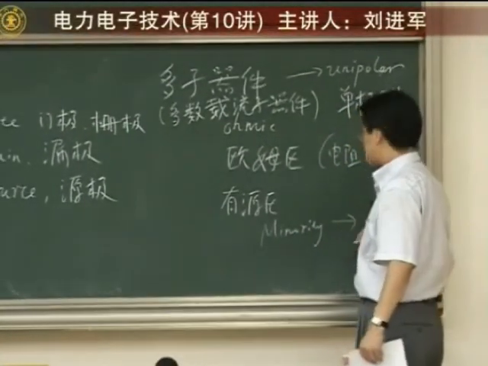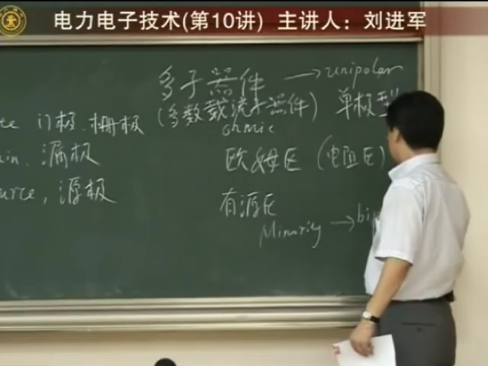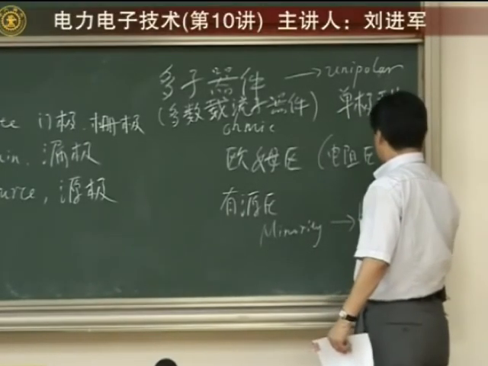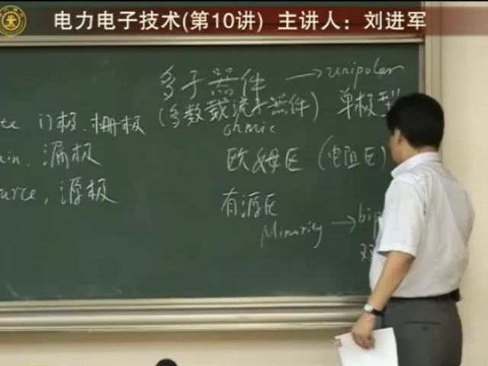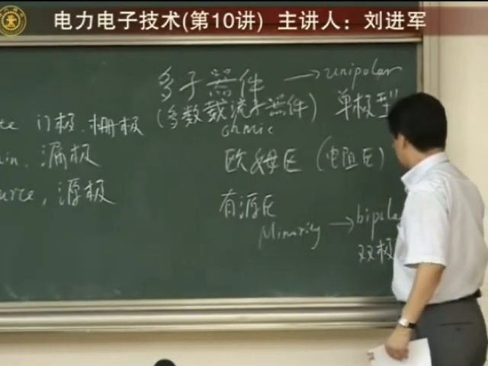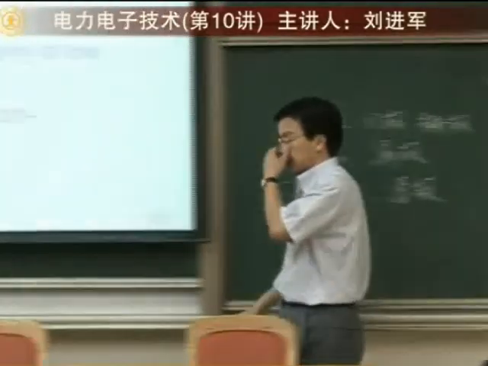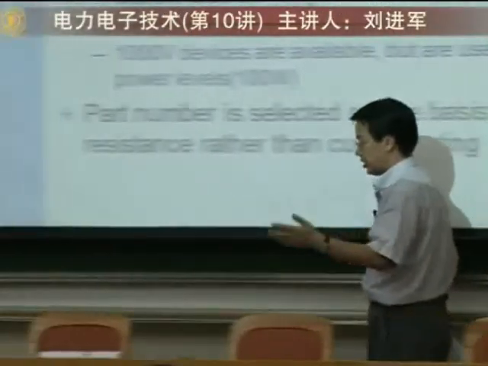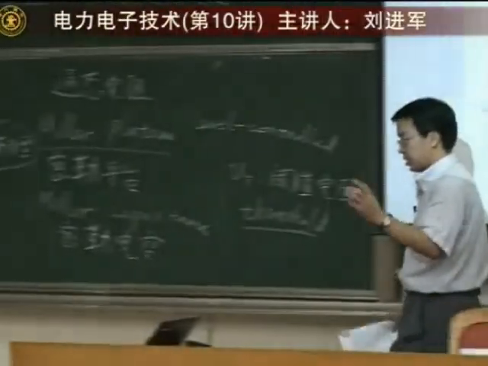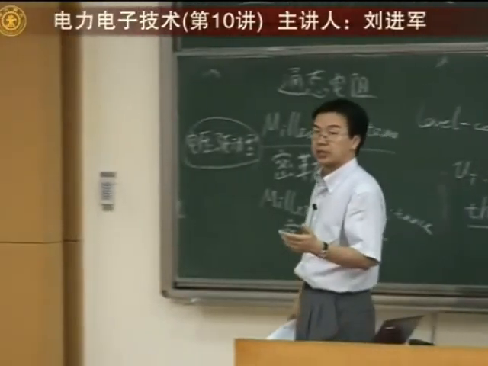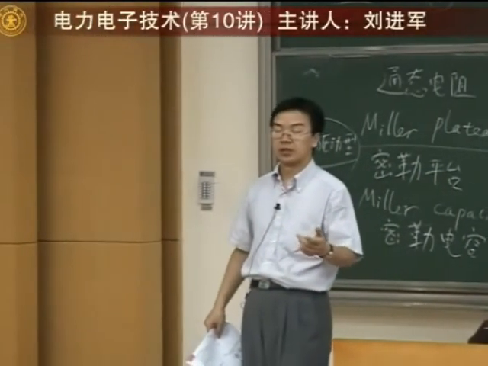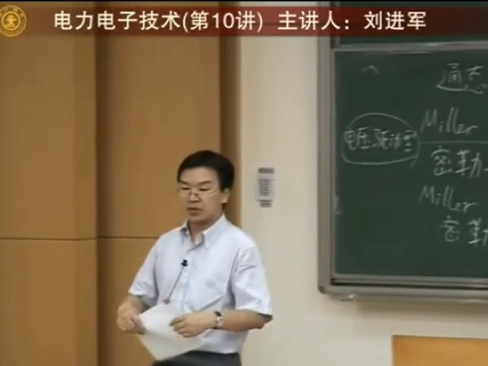Another name is bipolar device. Okay, so ordinary transistor, GTR, thyristor, GTO, those are all bipolar devices, minority carrier devices. MOSFET is majority carrier device.